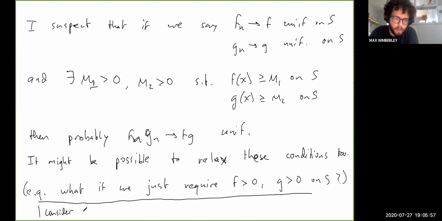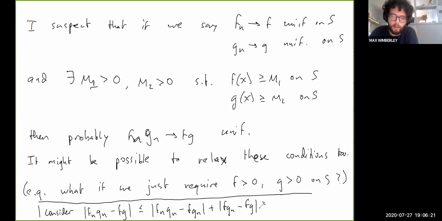So something like Fn Gn minus Fg is less than or equal to Fn Gn minus Fgn plus Fgn minus Fg.